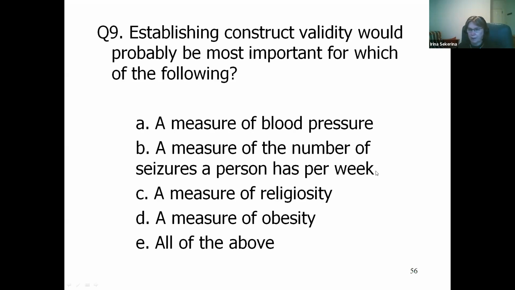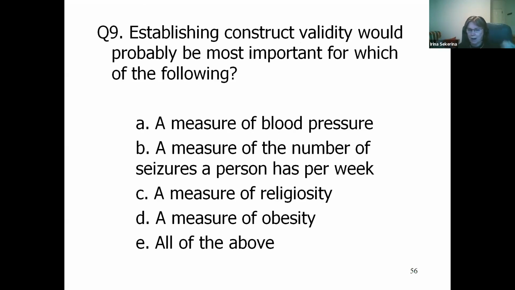Let's say we're talking about an epileptic patient. The question, Romain, is not about the type of validity. It's whether you need construct validity at all. If you are a patient's caregiver and the person has a seizure, you can count, right? 1 or 2 or 3, God forbid more than that, but it's an actual number.